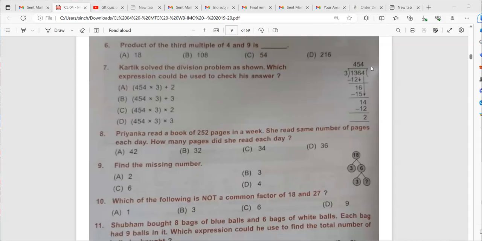Tuhin, number 8 is correct. Tuhin, number 9 is correct. Shuok, number 10 is correct. Udit, send me number 6 fast. Udit, can you read this sum?